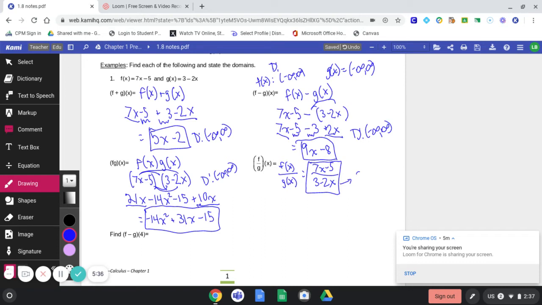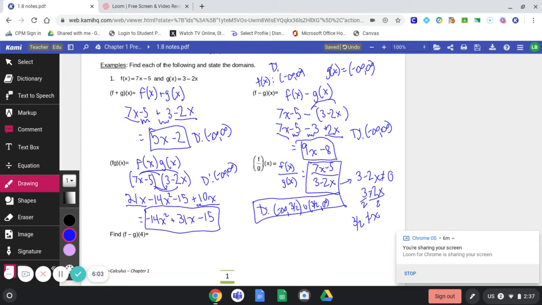So whatever's in this denominator cannot equal 0. So if I add 2x to the other side and then divide by 2, we have that x cannot equal 3/2. So our domain in division is all numbers except for 3/2. So we write that as negative infinity to 3/2, and then 3/2 to infinity.